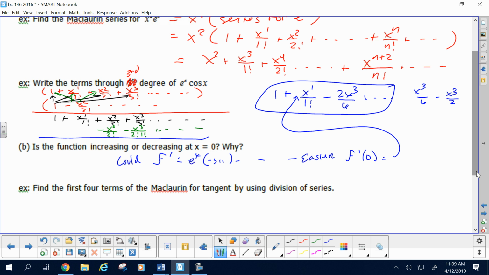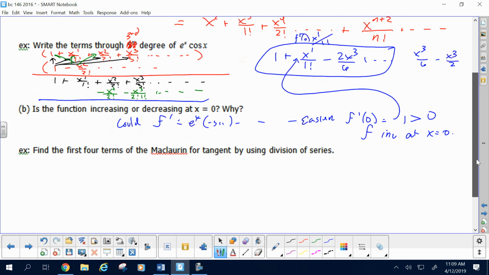In a Maclaurin series, isn't this f prime at 0 x to the first over 1 factorial? So what is f prime at 0? It's 1, which is positive, and therefore f is increasing at x equals 0. You follow?